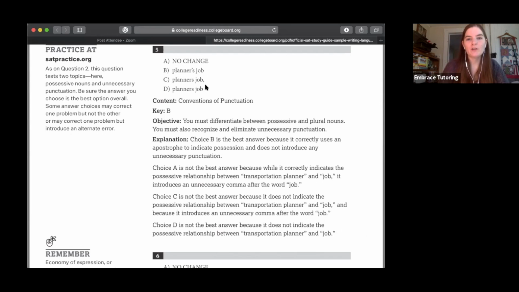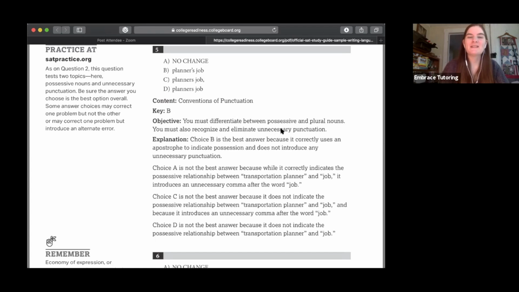So where you have a combination of the apostrophe S and the comma for that first choice, just the apostrophe S in the second choice without a comma, a third choice of no apostrophe and a comma, and then D where you have no punctuation whatsoever in that particular section. So you have to look at the broader context of the sentence and what these ideas are talking about in this section.